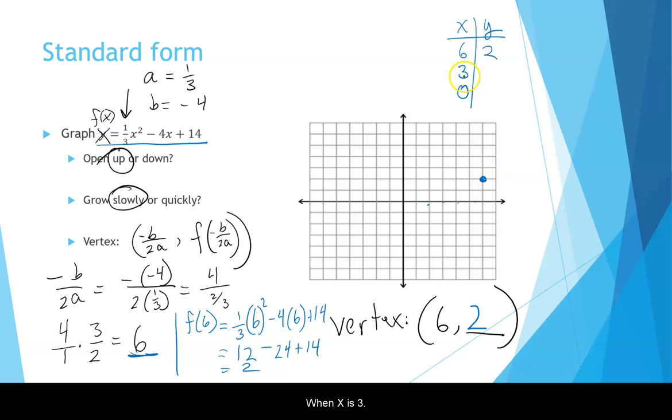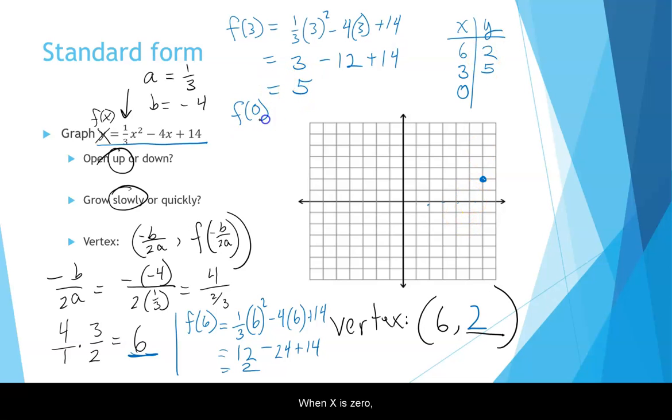So when x is 3, f of 3 equals 1/3 of 3 squared minus 4 times 3 plus 14. That's 1/3 of 9, which is 3, minus 12 plus 14, which works out to be 5.